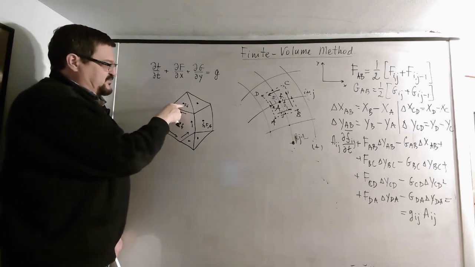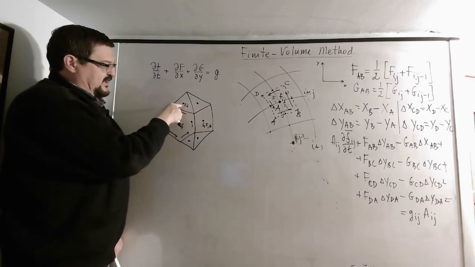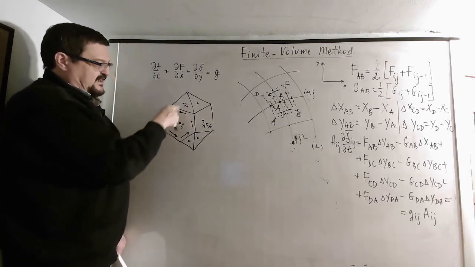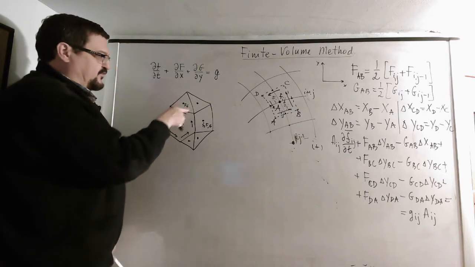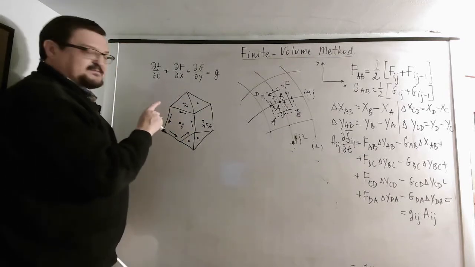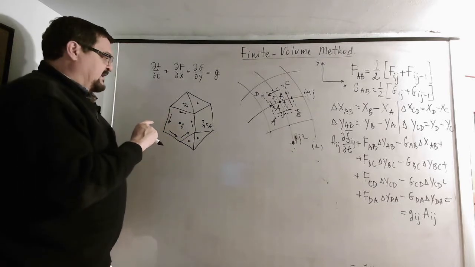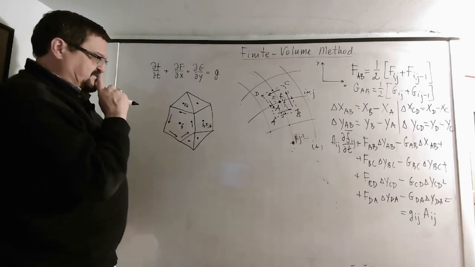So the contribution of this cell into this value would be smaller or larger than the contribution of this one, and so on. You could use various forms of interpolation, and this can be a little bit tricky and depends on your creativity, how you would approach that.